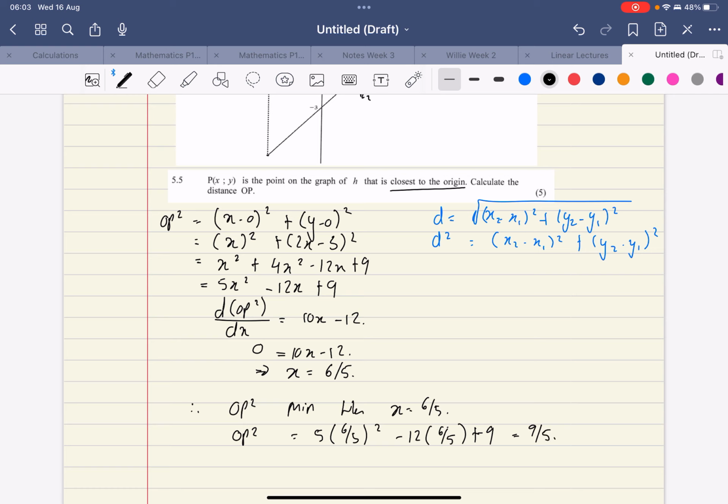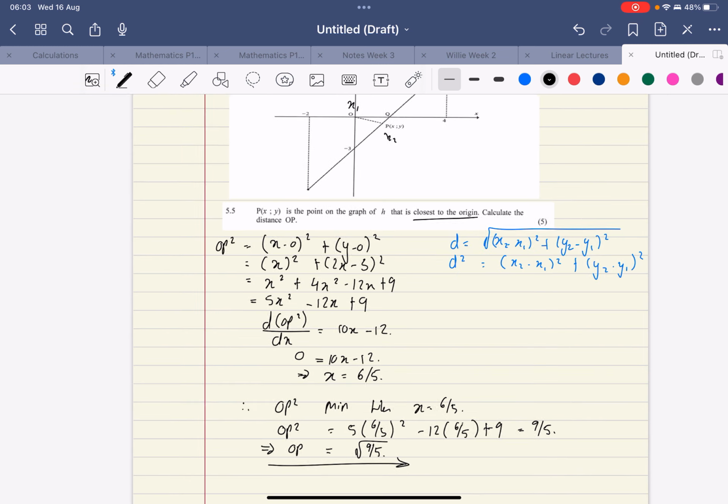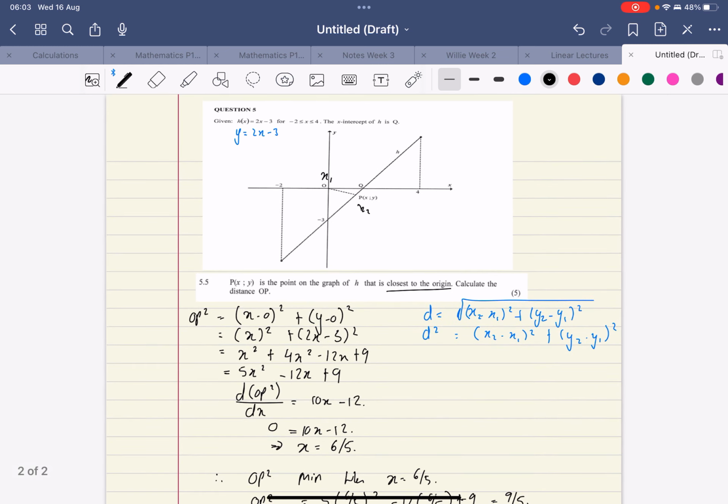But they want OP, but simply taking the square root on both sides means that OP is then equal to the square root of 9 over 5. And we are done.